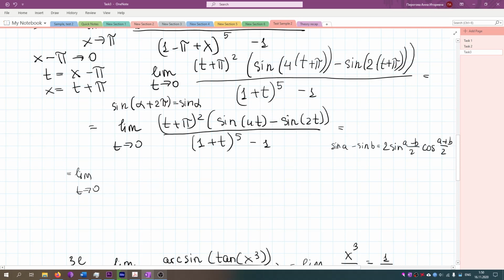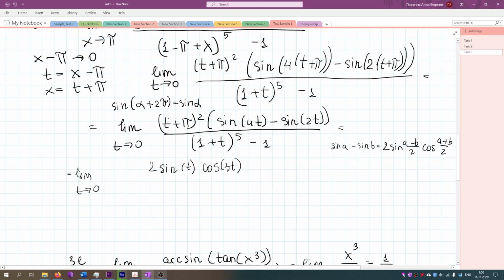We take 4t minus 2t divided by 2. It is 2t. Oh, sorry, it's just t, 2 divided by 2, 1. And about cosine, we'll get A plus B divided by 2, 4t plus 2t divided by 2. It will be 3t. Cosine 3t.